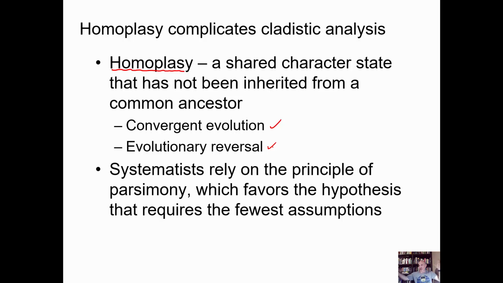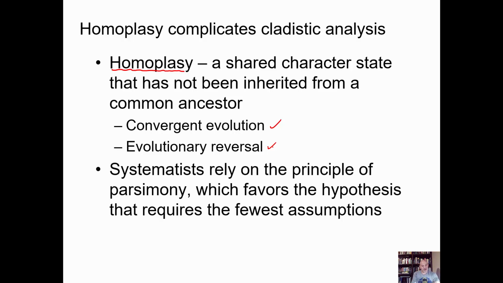And then on another branch, the body cavity evolves. As evolution occurs, some of the finer branches towards the end start losing that body cavity and start to look like the ones that never had a body cavity to begin with. That would be a reversal that results in convergence. Those create homoplasies.